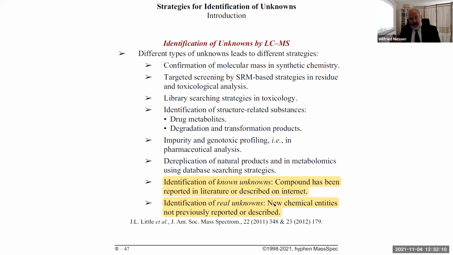Perhaps you think known unknowns is a bit weird, but a known unknown is a compound which is unknown when I start looking at it, but the compound has been described, it's reported in literature, can be found on the internet. If it's not, then it's a real unknown.